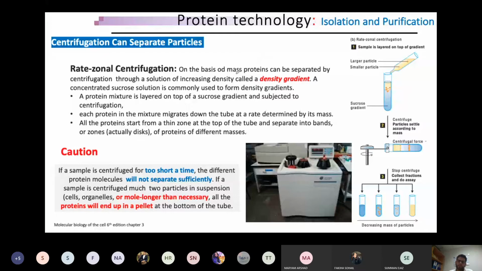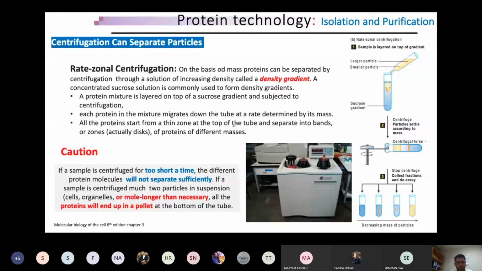So you have a much better option to separate different masses. Previously, in normal differential centrifugation, there were only two options: either the protein is present in the supernatant or at the bottom, either you are with us or not with us. But here you have a much better option.